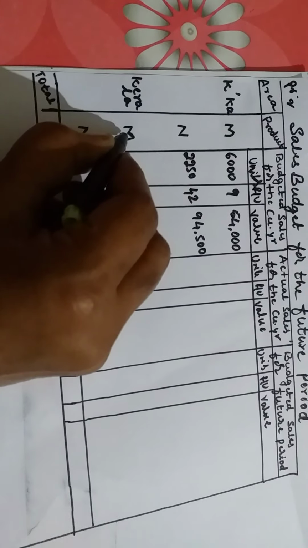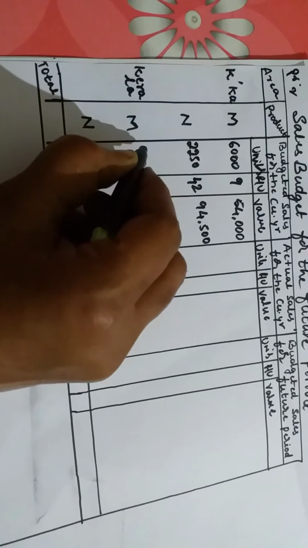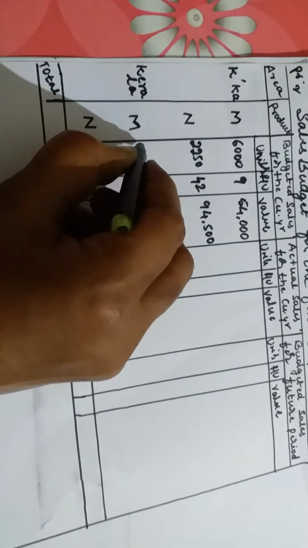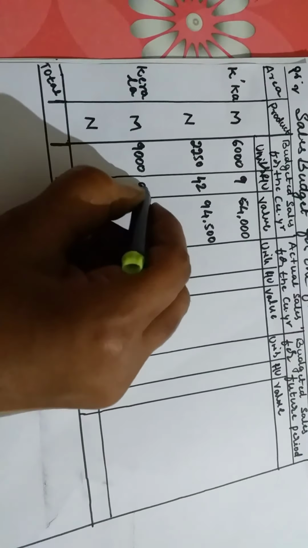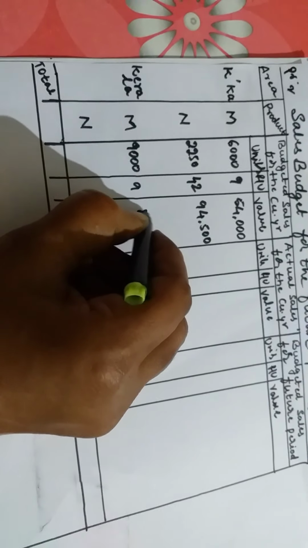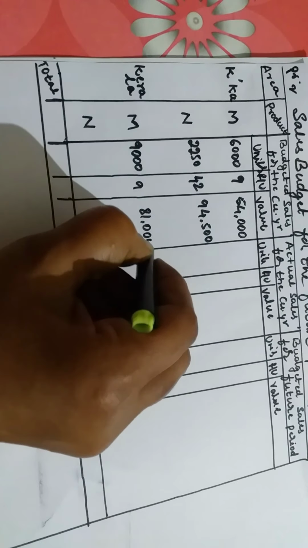Whereas in Kerala state, the product M budgeted sales for the current year is 9,000 units, and the rate per unit is again 9 rupees, it comes to 81,000.